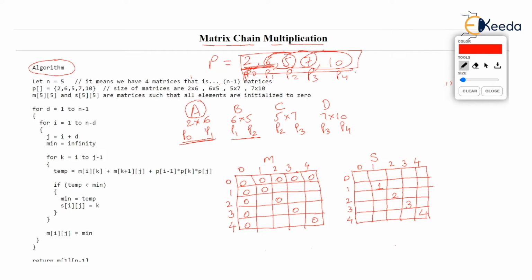Note P1 for matrix A and P1 for matrix B is common because the number of columns of A must match the number of rows of B. Similarly, P2 cross P3 is the dimension of C and P3 cross P4 is the dimension of D. So we are going to use a single dimension array P to represent the dimensions of the matrices.